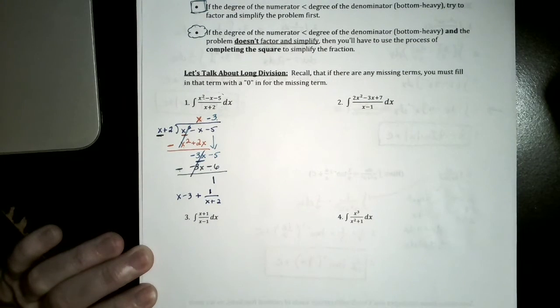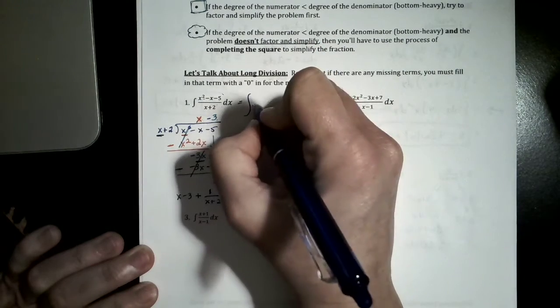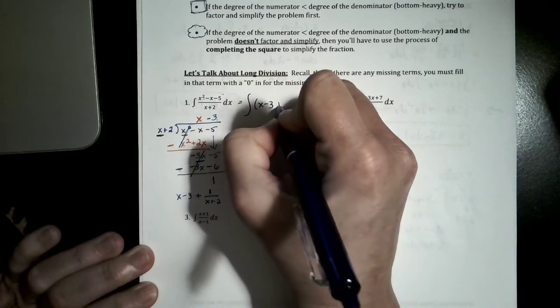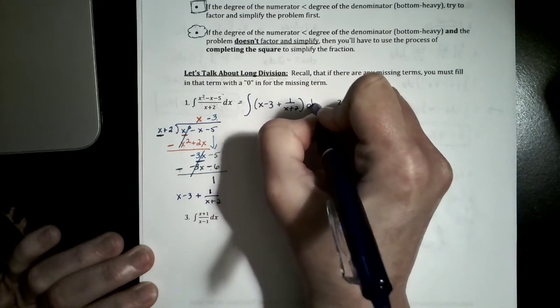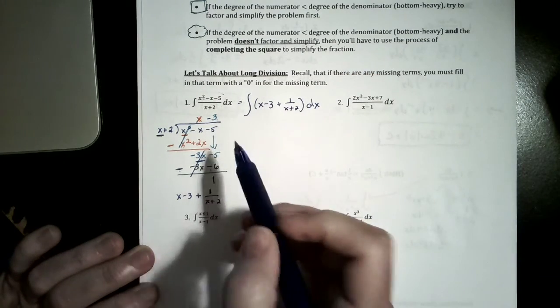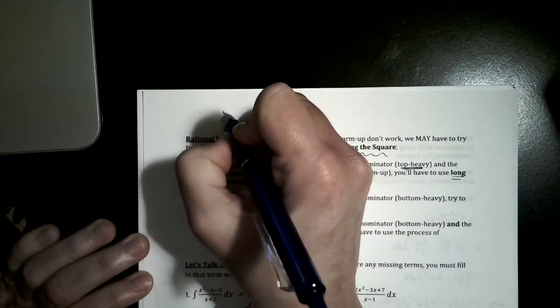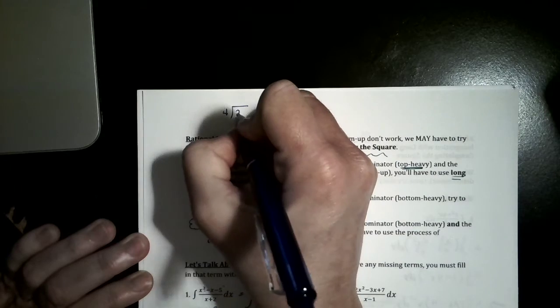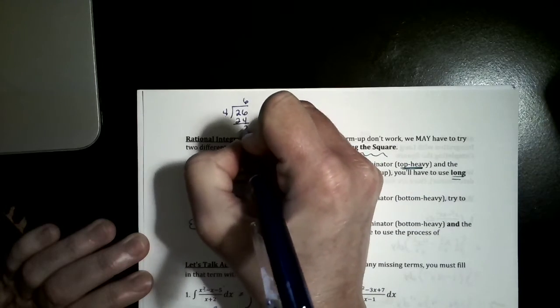Right? So that means that this integral can be rewritten as x minus 3 plus 1 over x plus 2 dx. Okay? Just think about this. If I give you 4 into 26, we know that 4 goes into 26 6 times with a remainder 2.